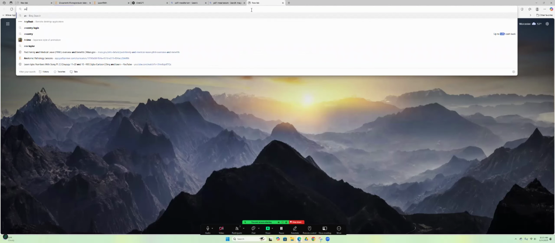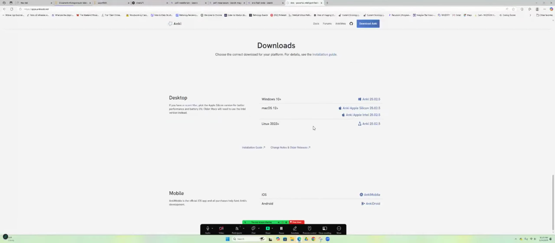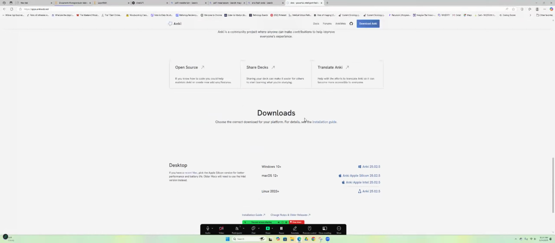I've not used it before. I thought it was a company. Is it AI flashcards? Anki, A-N-K-I. Yes, this is it. I've never used it.